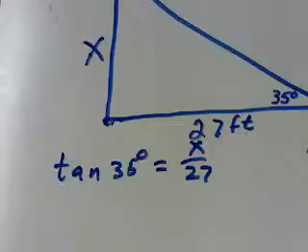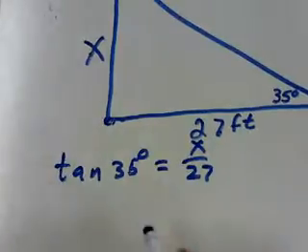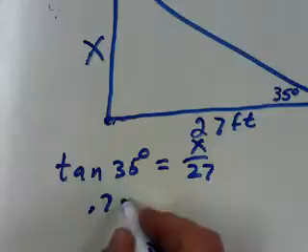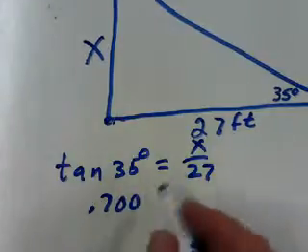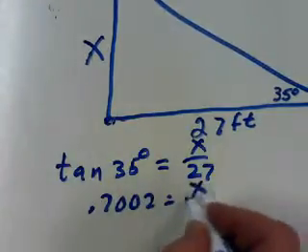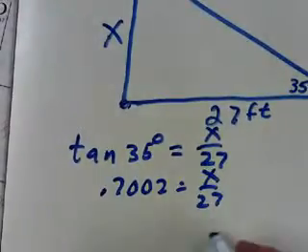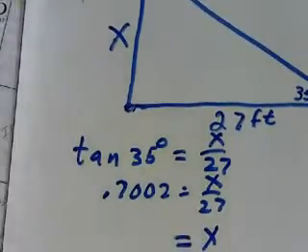So what's the tangent of 35 degrees? 0.700. So the x would be 18.9.